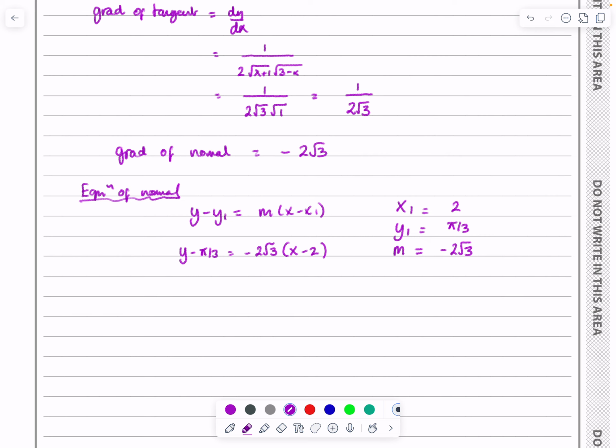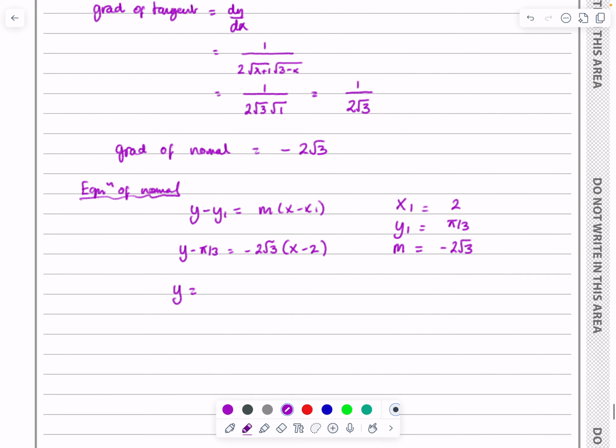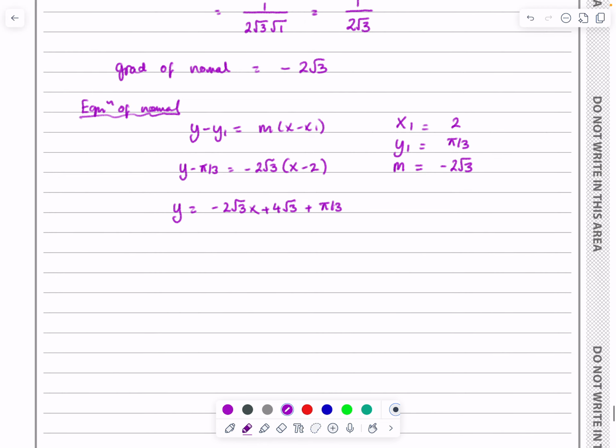If I rearrange that, I'm going to get y equals -2 root 3 x plus 4 root 3, and then I can also take the pi over 3 over to the other side, plus pi over 3. So that's the equation of the normal.